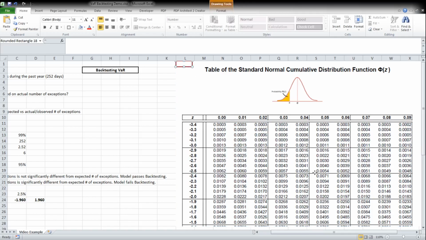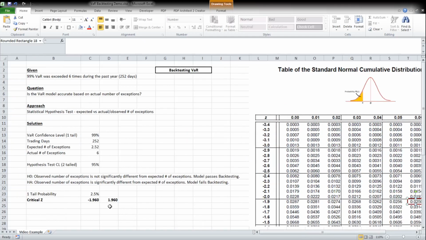So 2.5% is right here. 2.5% is the probability of the tail, and the associated z-score is negative 1.9 plus 0.06, which is negative 1.96, the same exact z-score that we got using Excel. So that is our critical z. Our acceptance region is between negative 1.96 and positive 1.96.